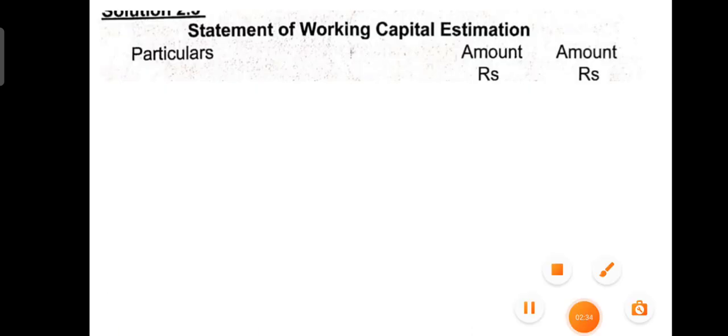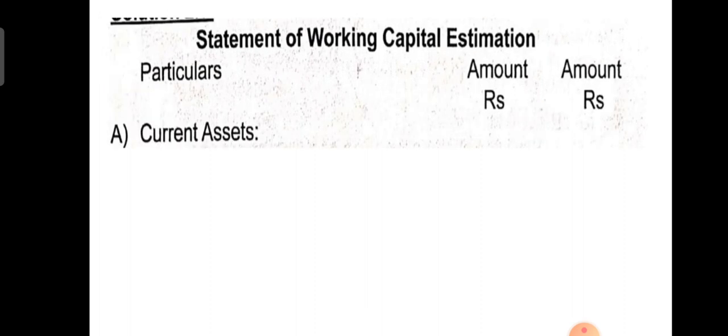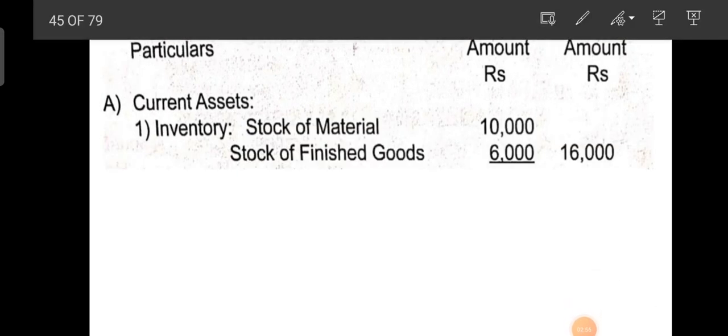You need to draw 3 columns for the statement of estimation of working capital. The columns required are particulars, amount, inner column and outer column. Current assets. First current asset: inventory.